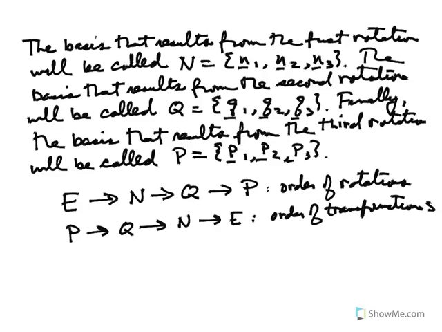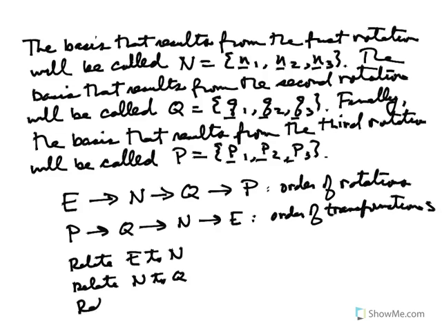So let's go through these one step at a time. We're going to start by doing the relationship. So we're going to relate E to N, and then we're going to relate N to Q, and then we're going to relate Q to P. And these three together will form our final transformation.